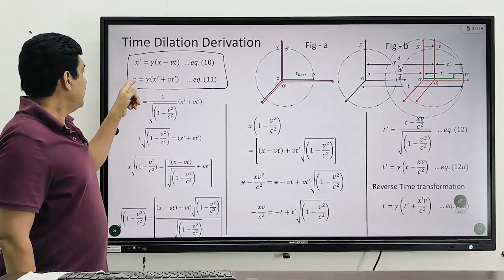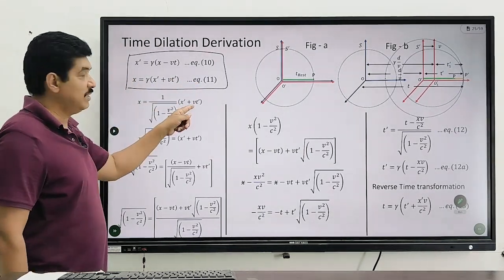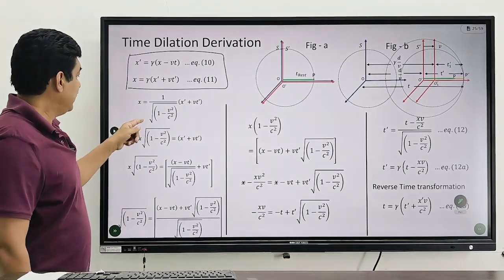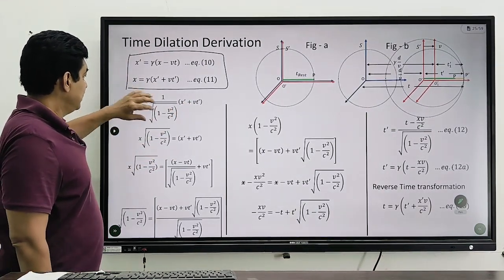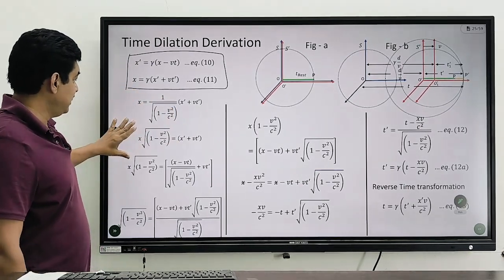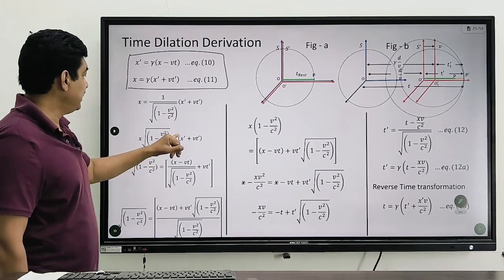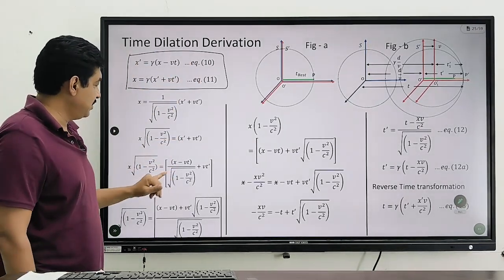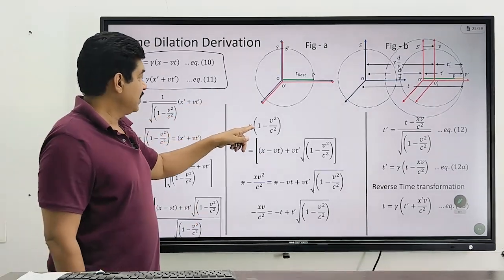For the time being, we are considering they are true, but they are not actually. So what they have done is they have taken this reverse transformation equation and put it here, then they brought the denominator of gamma to this side, then they put the value of x prime from equation number 10 to here, then they solved it.